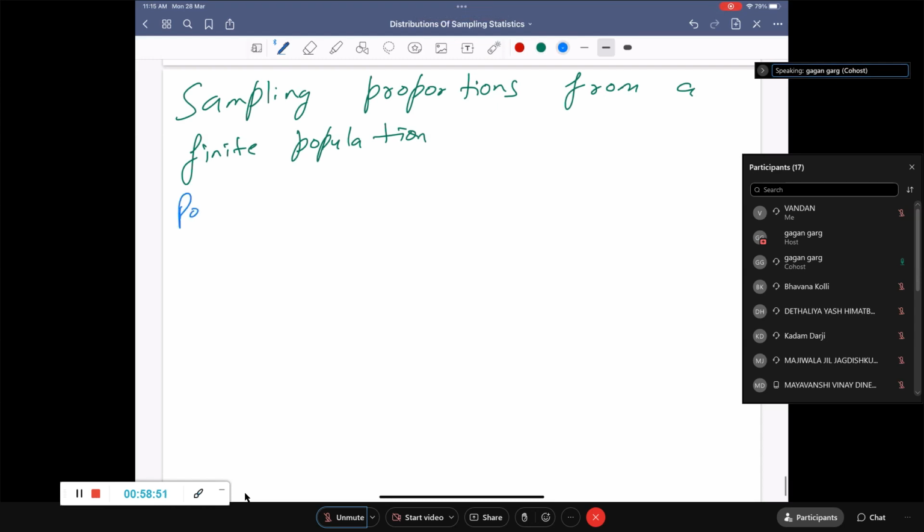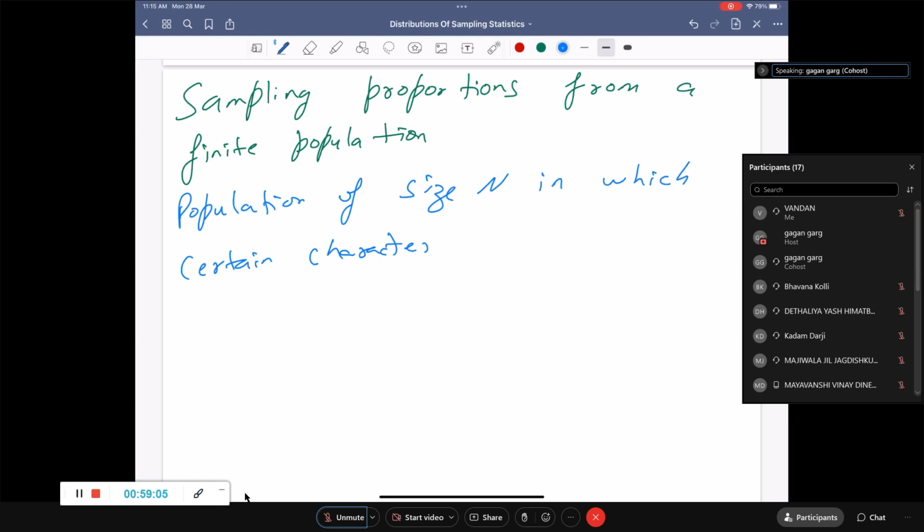So let's say you have a population of size n in which a certain characteristic is present in certain elements.